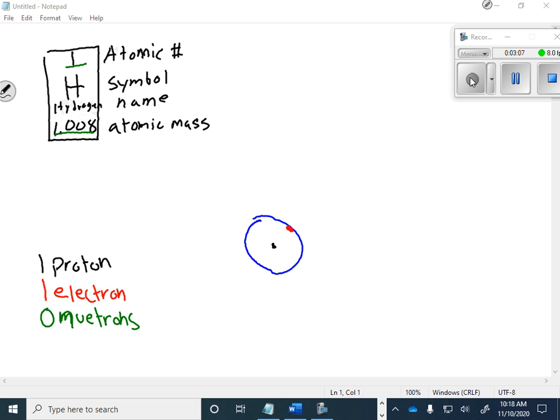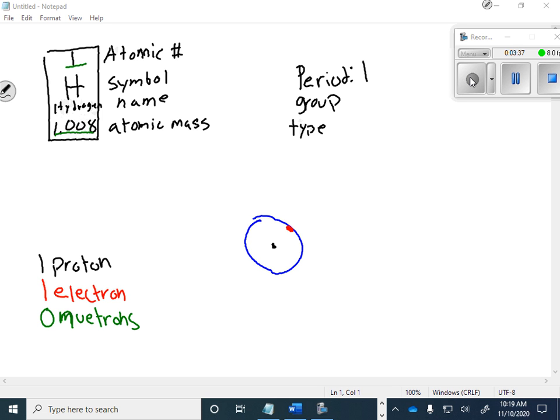And then if we wanted to add a little bit of extra information, which on your models I do want you to add, we would say what period, what group, and what type of element it is. And so remember, period is row. So hydrogen, atomic number 1, that means it's up in the top row, which is row 1, period 1.